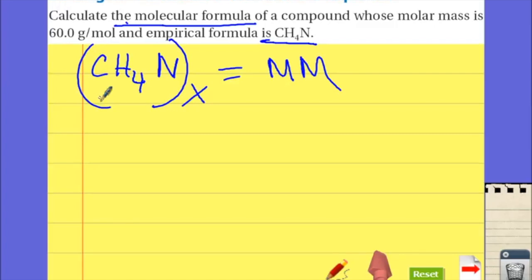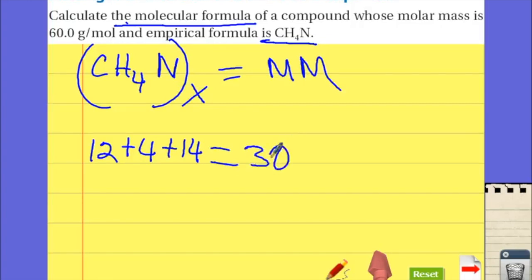So the empirical formula mass: carbon is 12, hydrogen is 1 times 4, gives me 4, nitrogen is 14. 12 plus 4 gives me 16, plus 14 gives me 30. This is my empirical formula mass; times a number it will give me the molar mass.